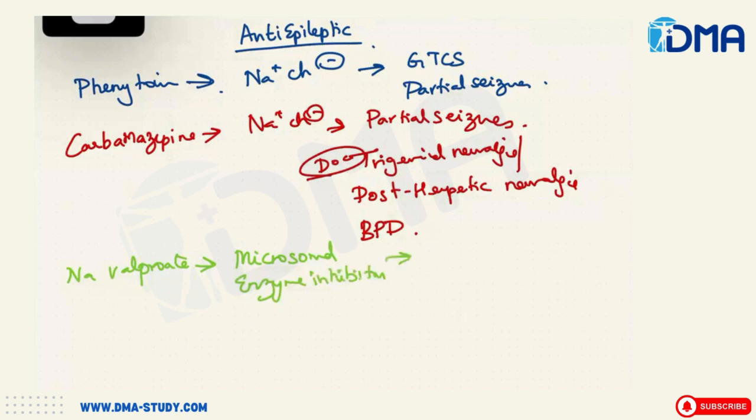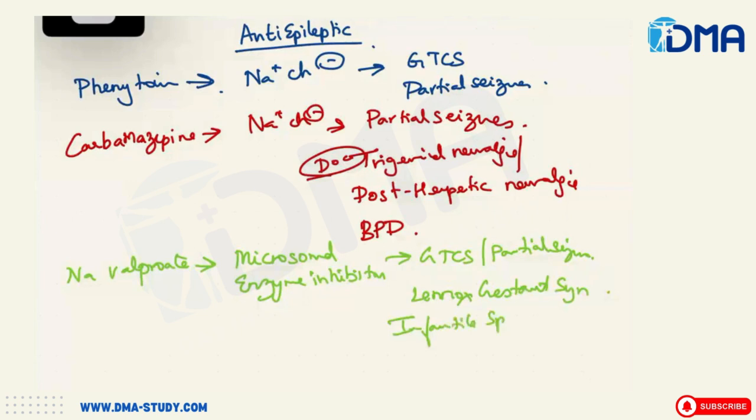It is used in the treatment of GTCS, partial seizures, then tonic-clonic seizures, then Lennox-Gastaut syndrome, then infantile spasm, petit-mal seizures, okay, migraine prophylaxis. All these things could be a possibility.